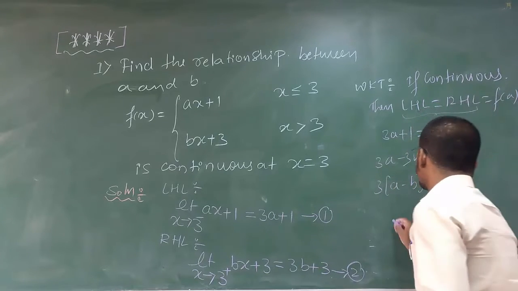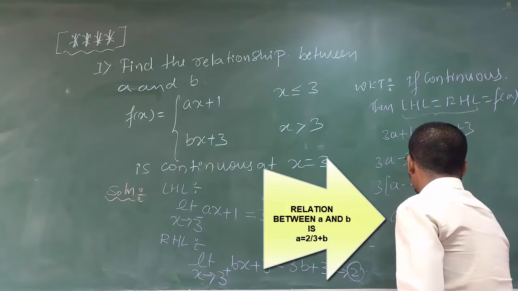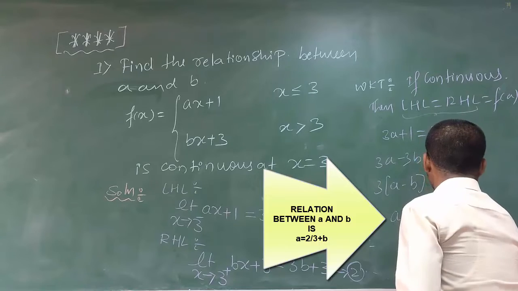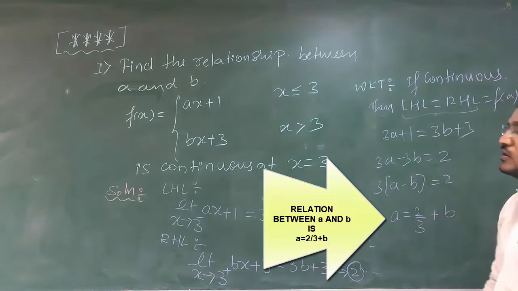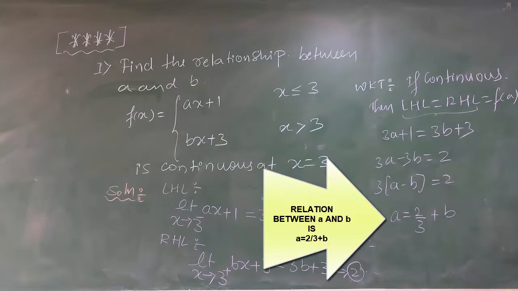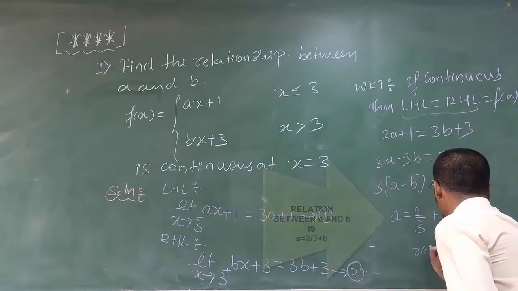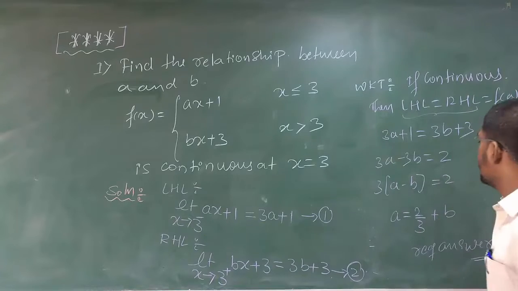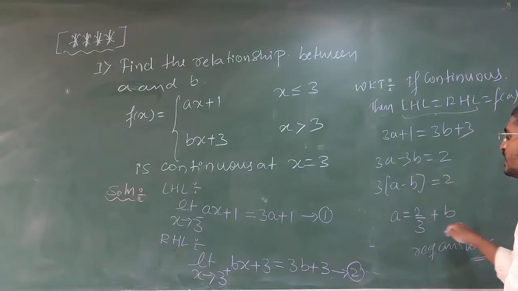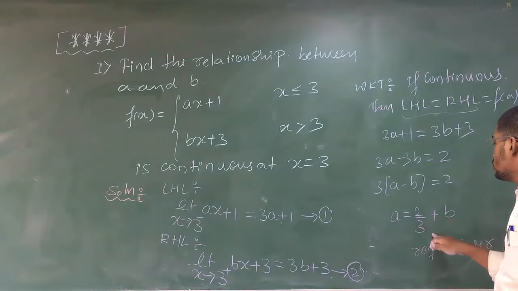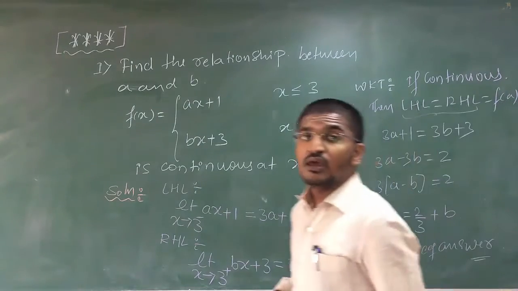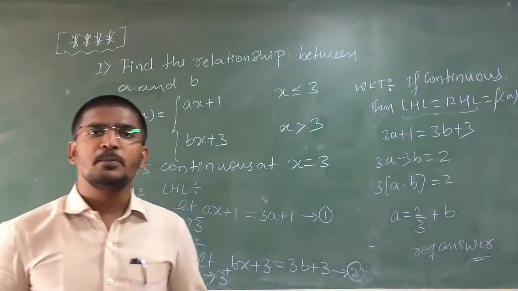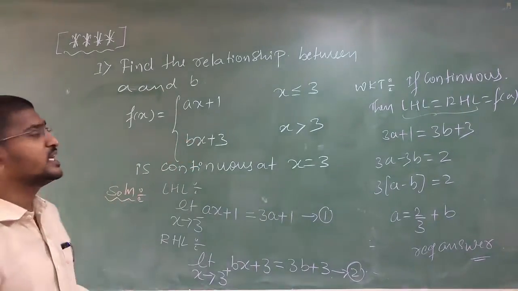So if you simplify this, you are going to get a equal to 2 by 3 plus b. So this is your required answer. That is, the relationship between A and B is A equal to 2 by 3 plus B. If you solve this much, it is more than enough for complete marks in your board exam.